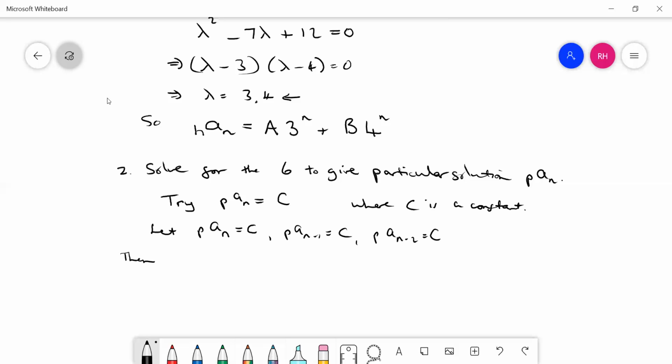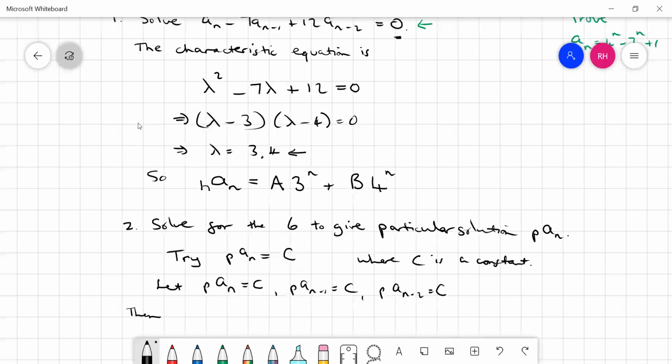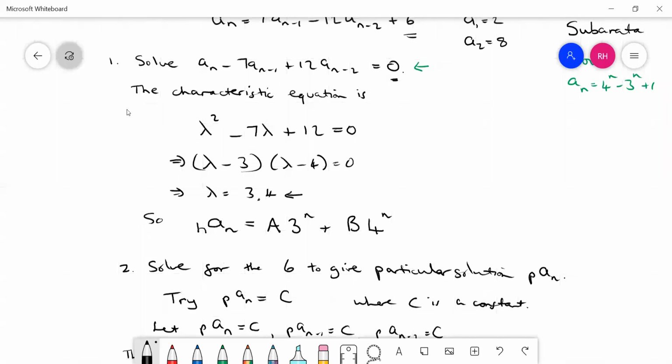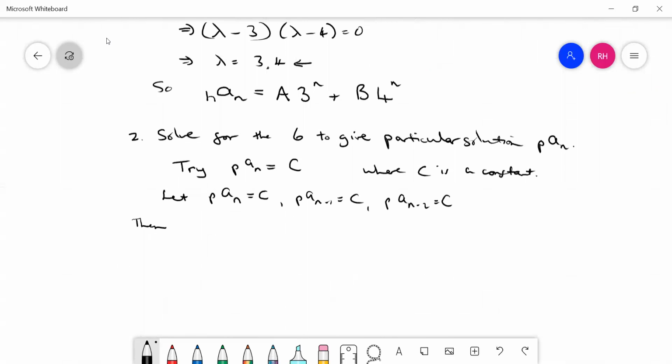Then, let's just go up. We're going to have to substitute this into, so what we'll now do is substitute it into this, or actually into this. Let me write that up properly. So what I'm saying is AN minus 7, AN minus 1.